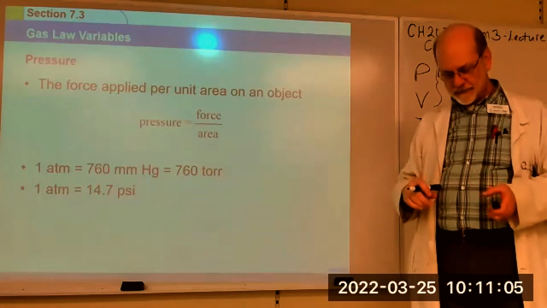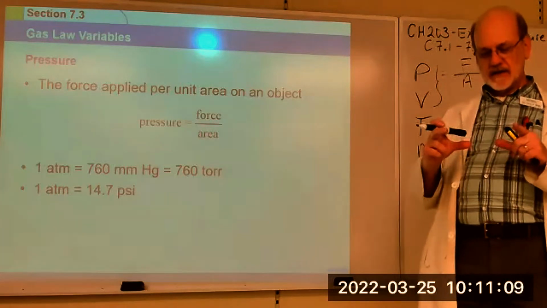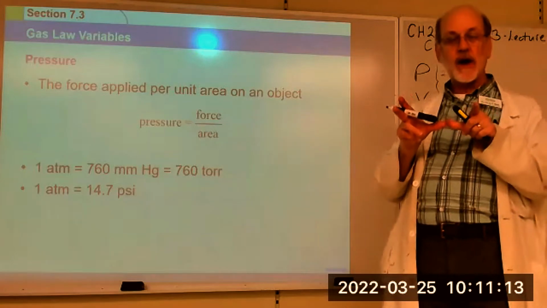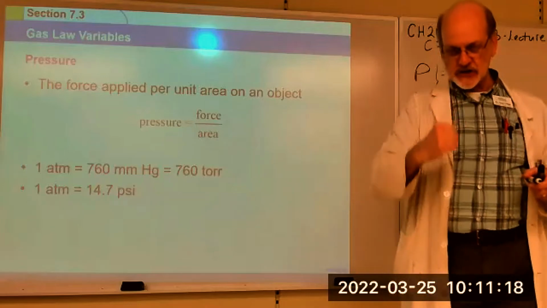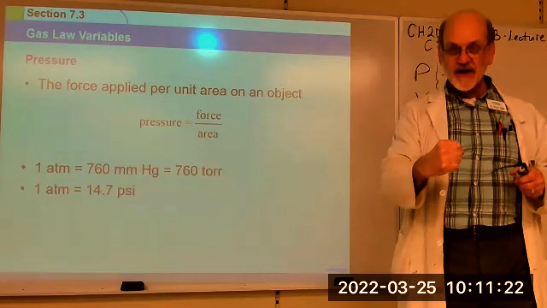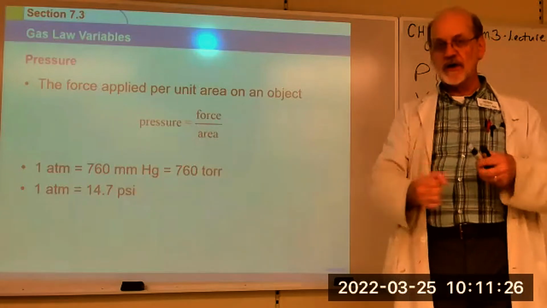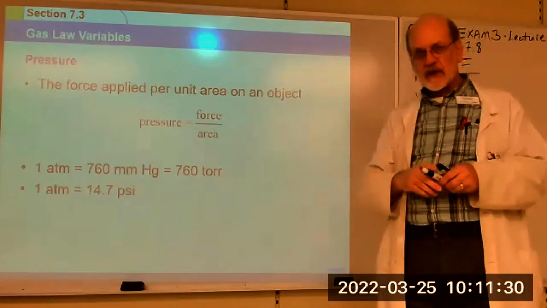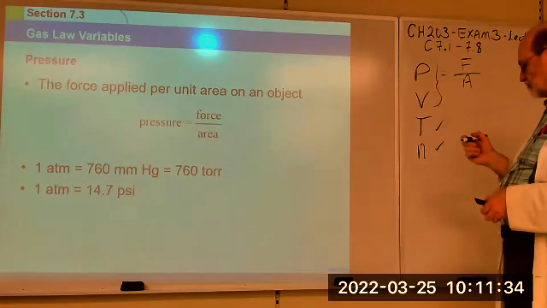So if I have, let's see, I don't know, a 1 foot square with a rod on it, and I push down on that rod, then I'm applying a force over that area against whatever, against the floor, against the table, against a gas. It's force per unit area, okay?